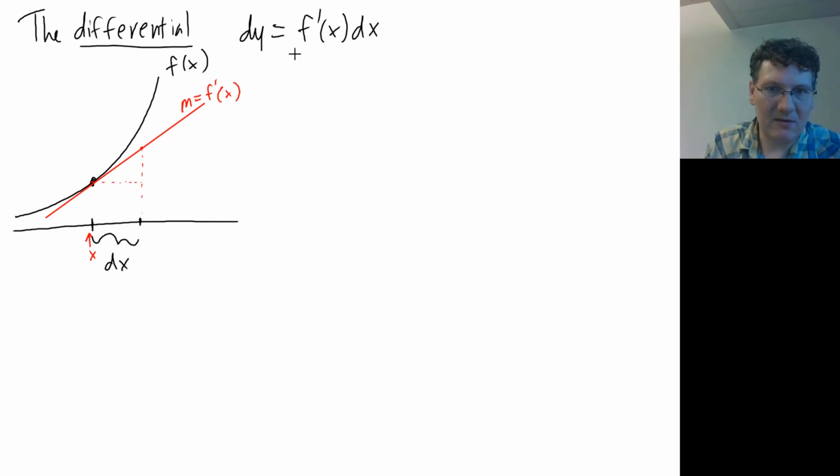If you take the slope and multiply it by dx, you get your dy. So this is the differential, the height from here to here. So dy over dx is f prime of x.